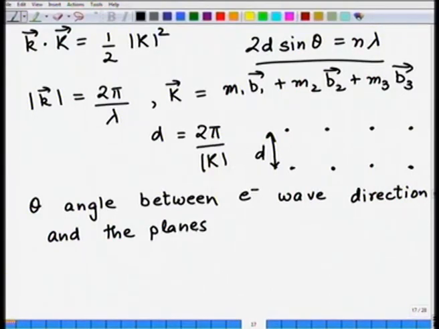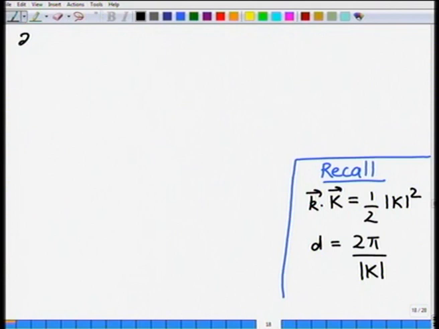Therefore, I am going to write small k as 2 pi by lambda, in dot product with K. I am going to cancel one K magnitude with the square here. In terms of magnitude I will cancel it out.